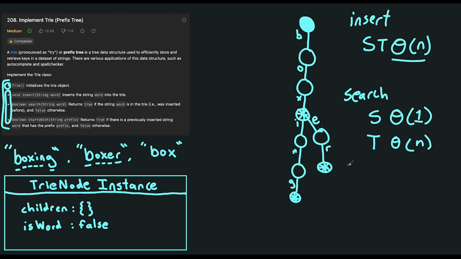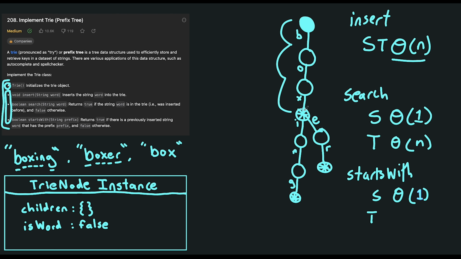Lastly, we have startsWith. StartsWith is going to have the same space and time complexity as search. For space complexity, we're just searching for a prefix. So if we're looking for box, we go 1, 2, 3, and we see that box exists as a prefix inside of this try, and therefore we're not adding anything new, and our space complexity is constant.